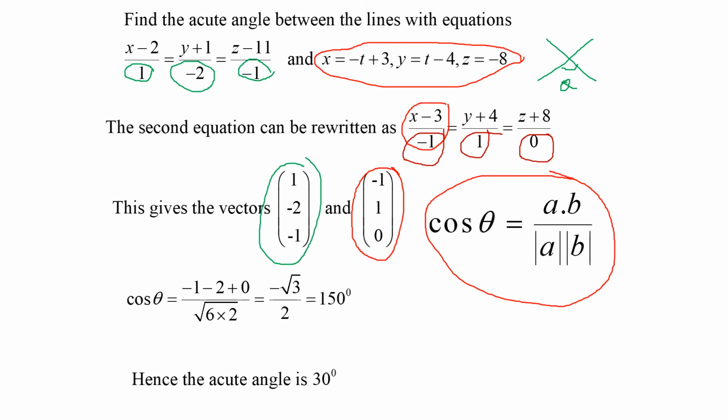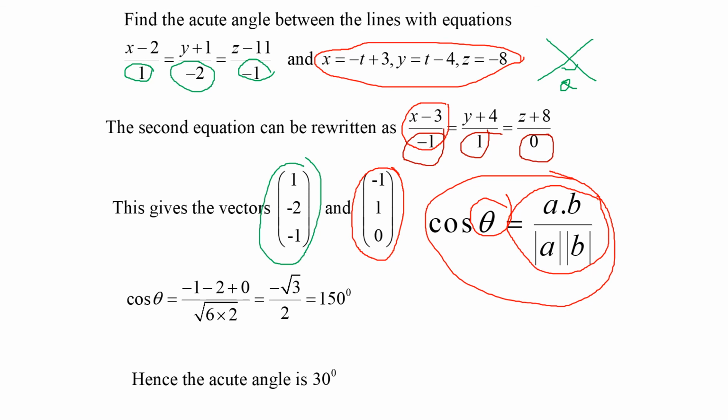And this theta represents the angle. So we find the value of A dot B over modulus A modulus B, and then we shift cos to arrive at the theta value.